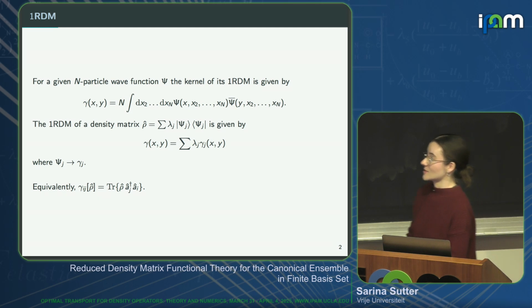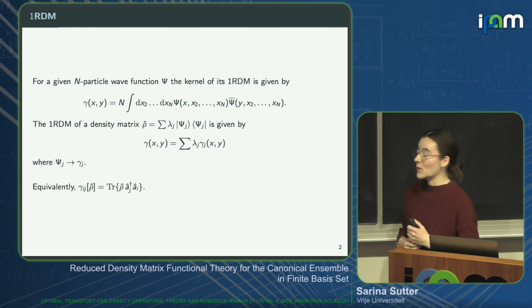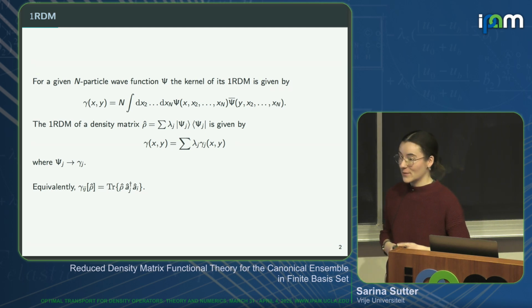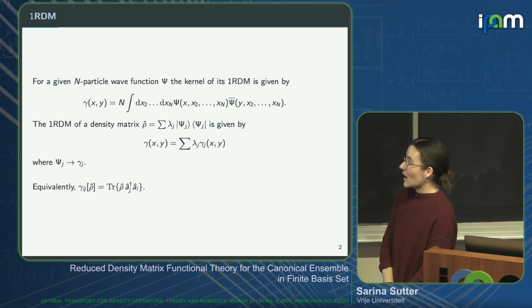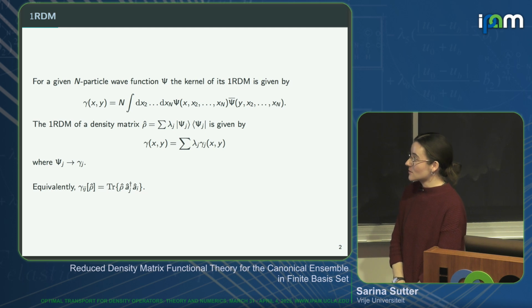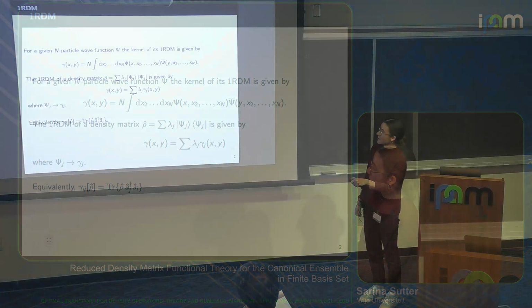Now this is just a small introduction to 1-RDMs, but I think you already saw it today, and I just want to make sure that we are all on the same page. If we have an n-particle wave function psi, then the kernel of the 1-RDM is given by the following expression.